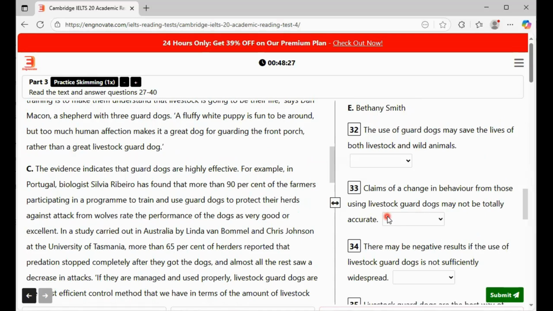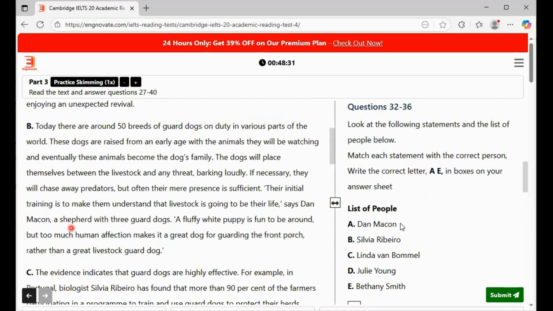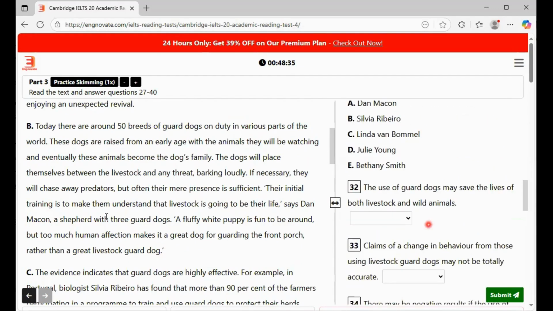Namibia is not there. Is there a name in this paragraph B? Dan Macon is there. Dan Macon: the initial training is to make them understand that the livestock is going to be their life. The use of guard dogs may save the lives of both livestock and wild animals. This one, wild animals. Is it going to save wild animals?